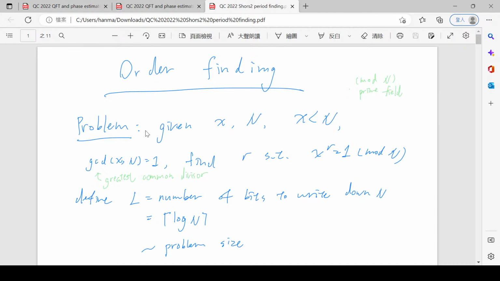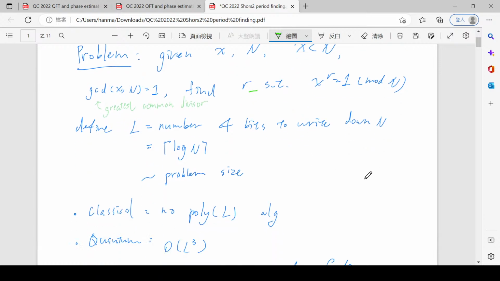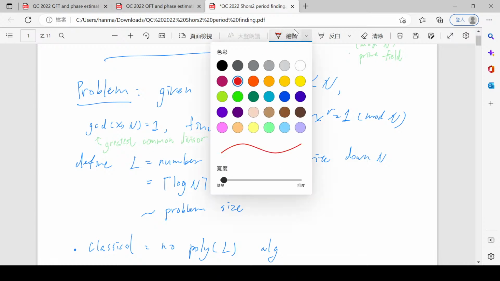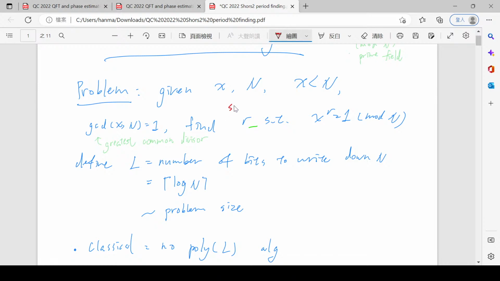The order finding problem asks you to find this number r, which is the order of x with respect to n, which means that x to the r equals 1 mod n. Okay, this is not quite correct, so I should say the smallest r.